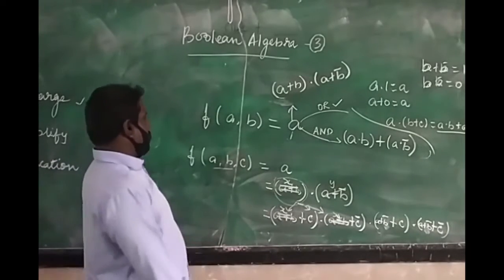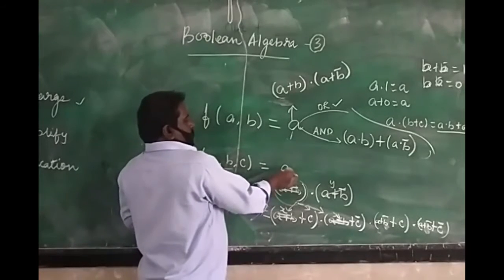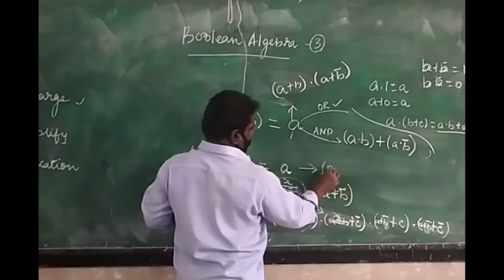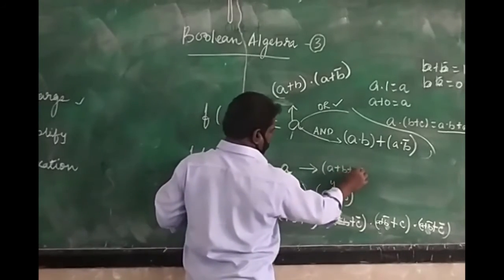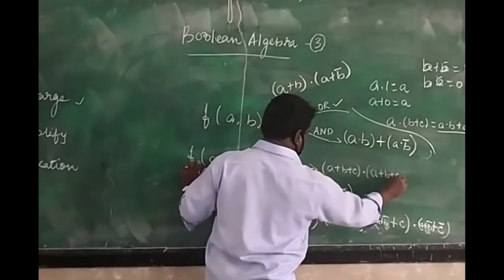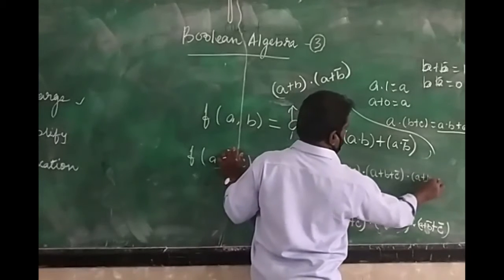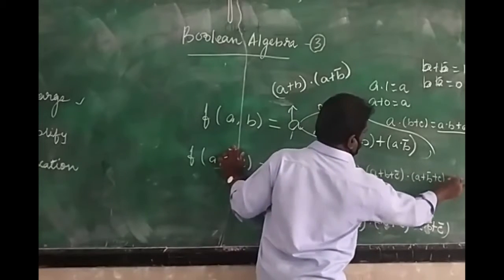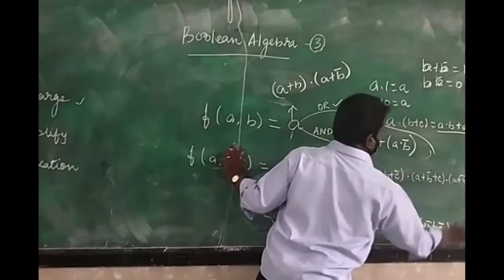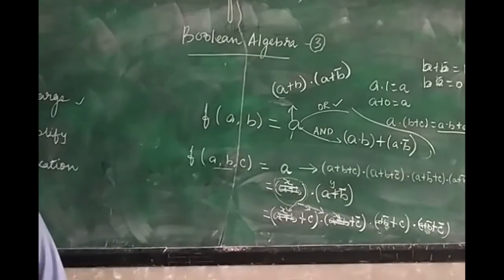So if you are going to enlarge f of a comma b comma c equal to a, you can enlarge it as a plus b plus c dot a plus b plus c bar dot a plus b bar plus c dot a plus b bar plus c bar. This is how we can enlarge.